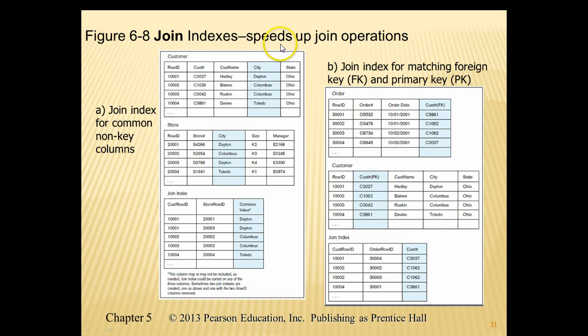And this section also talks about joins, and you're going to see this a lot when you get into database development and even database administration. Effectively what this does is take attributes from two or more tables and put them together into another structure. So the joined index is for common non-key columns. If you take a look at the customer table and the store table, they both have an attribute called city, and you'll notice that the values in those locations are the same.